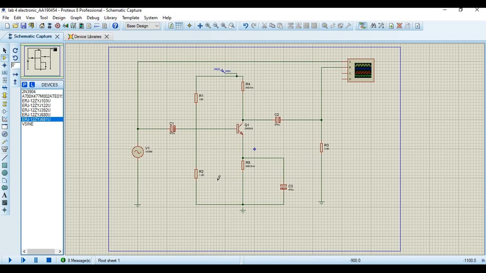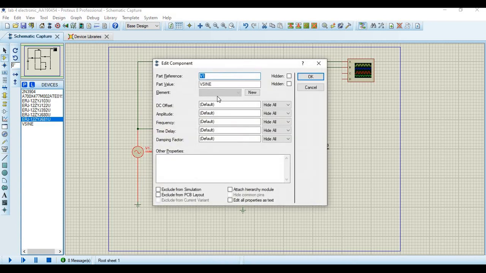Seterusnya, untuk kita punya V-sign, kita tukar nilai dia. Amplitude adalah 30 mV, manakala frekuensi 5 kHz.